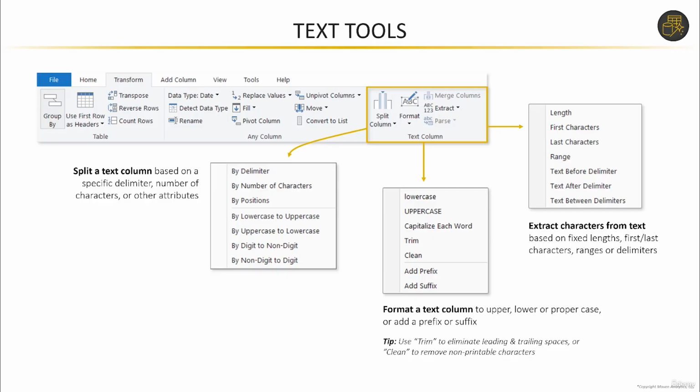So you may have noticed that some of the tools here are grayed out or inactive, like merge columns or parse. And that brings up a really important point, which is that this toolbar is completely dynamic based on what you've selected. So if you've only selected a single column, the merge column options are irrelevant, so you can't even click them. You'd have to select multiple columns in order to activate that option.